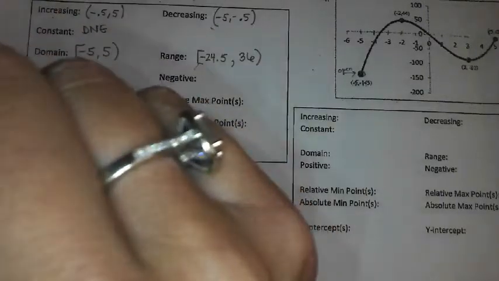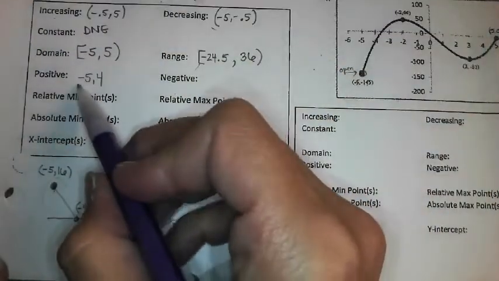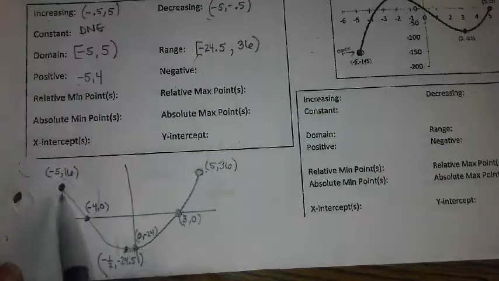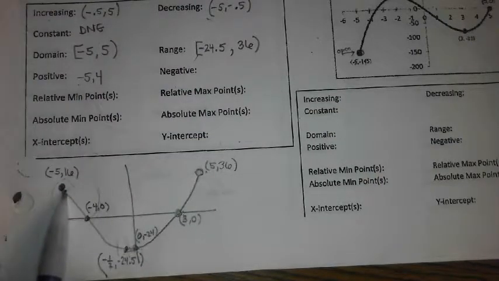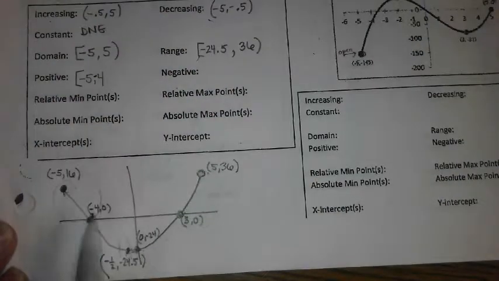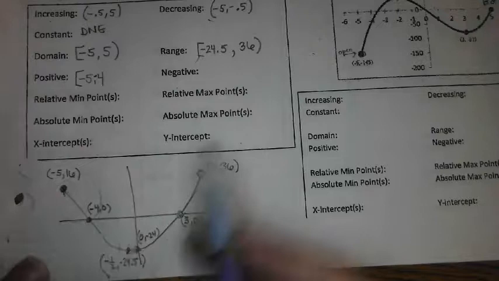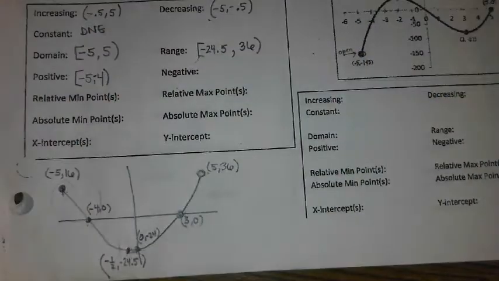So this section is above the x-axis. So -5 to 4. Are we going to use parentheses or brackets on the -5? Is this point actually above the x-axis and is it included? Yes and yes. So bracket. Up until this point, is this point included and also above the x-axis? No, it's not above the x-axis, so that's a parenthesis.